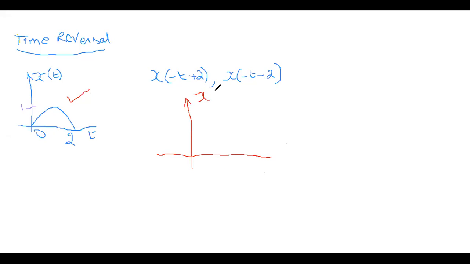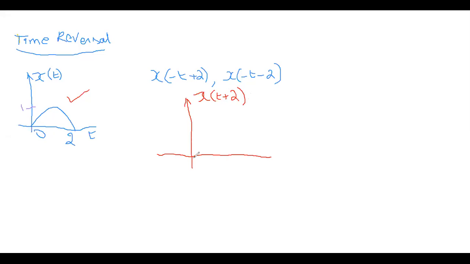Now, first of all, I am applying the time shifting operation on the signal, x of t plus 2. That means x of t is advanced by 2 units. Is it clear?